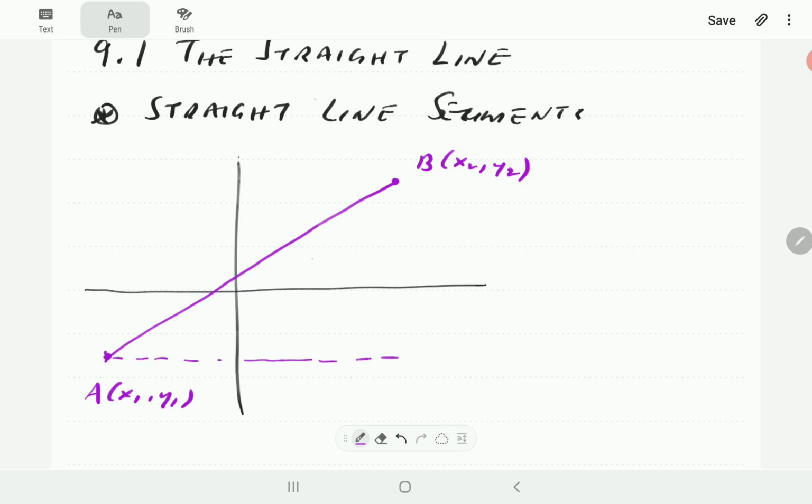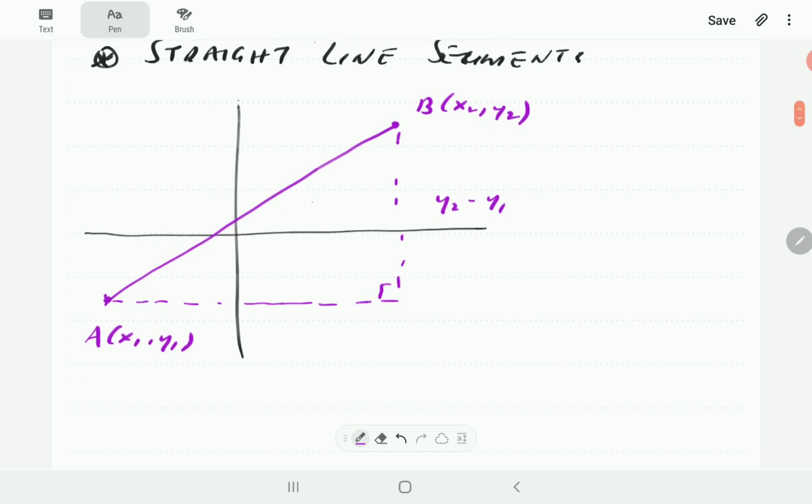We're going to resolve this into horizontal and vertical components. So this vertical length here is going to be given by y2 minus y1. The horizontal component is going to be given by x2 minus x1.